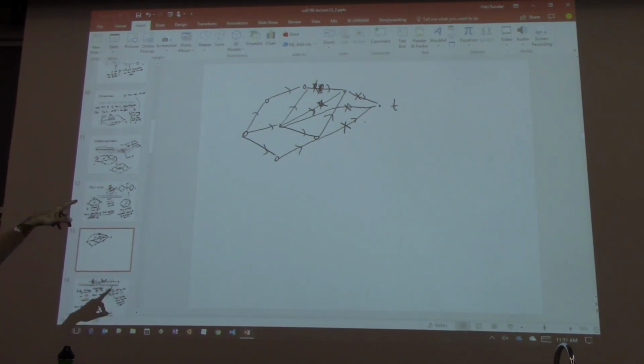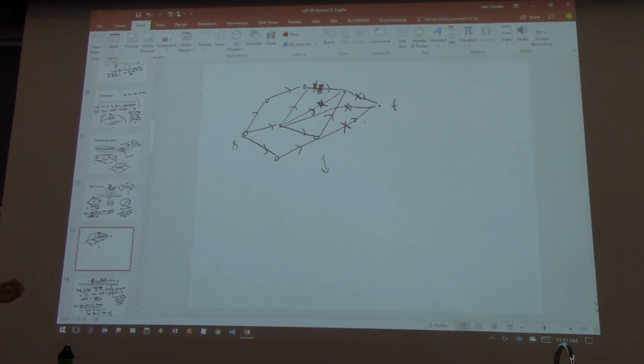Okay. So now what I'm saying is removal of these three edges results in no flow from S to T. No possible path from S to T. And formally what I'm saying is this now divides the graph into two portions.